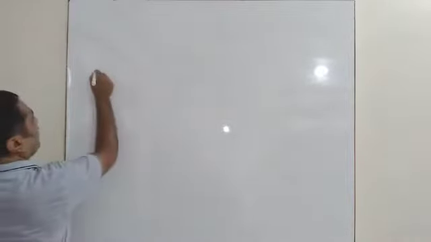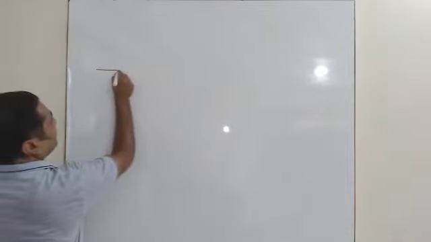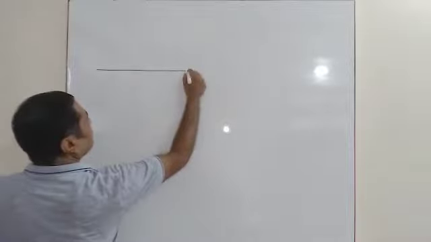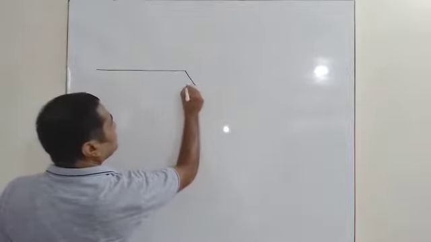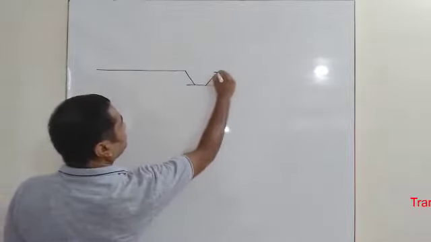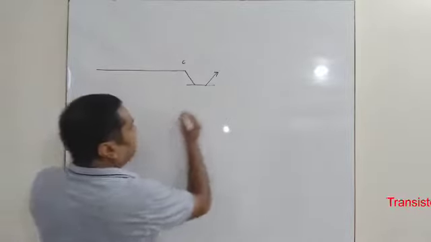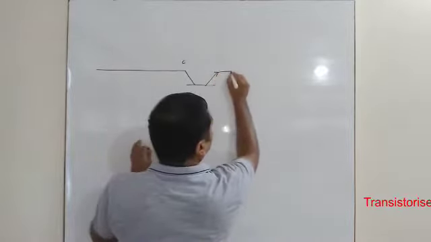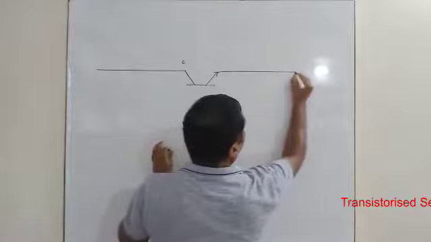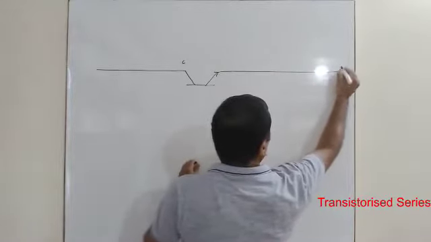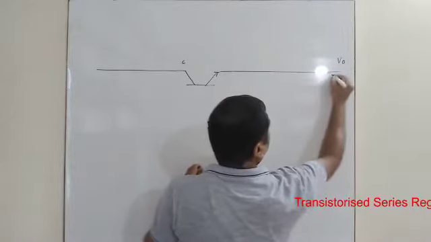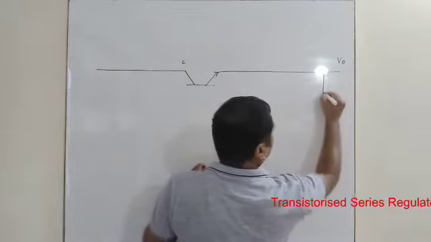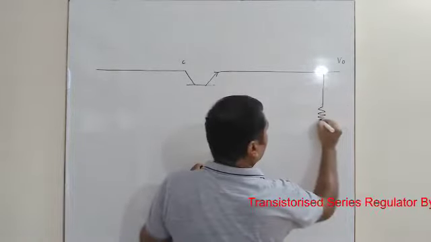In the transistorized regulator, the output voltage from the rectifier is given to the transistor's collector, and the emitter of this transistor is connected at the output. So here this will be our output.